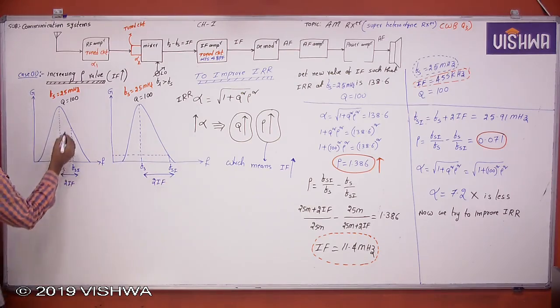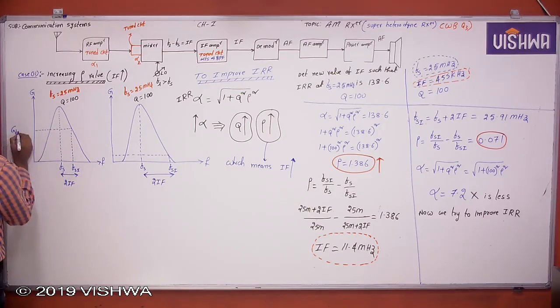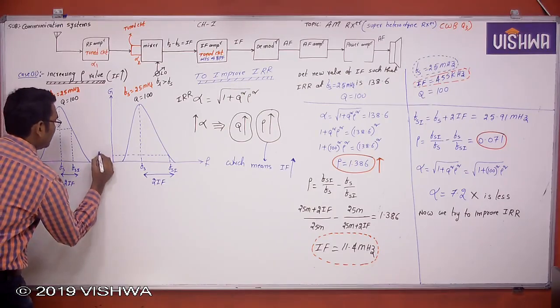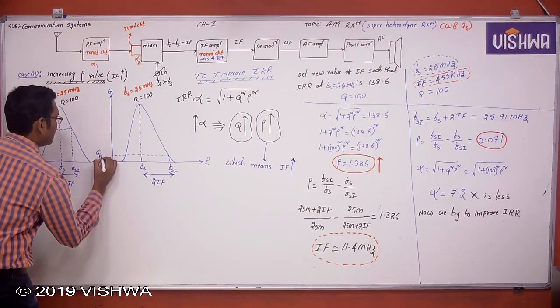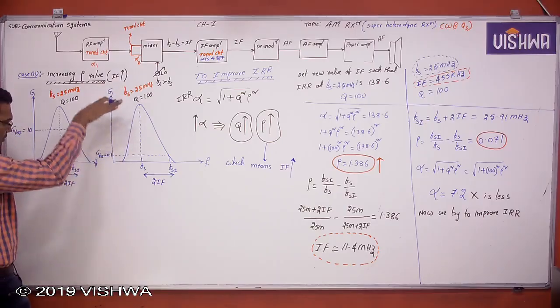Now see here. Previously, this is the gain at Fsi. The gain at Fsi here is some 10, let us assume. But now see here. Now this is the gain at Fsi. The gain at Fsi is 0.1. Decreased or not? Right?